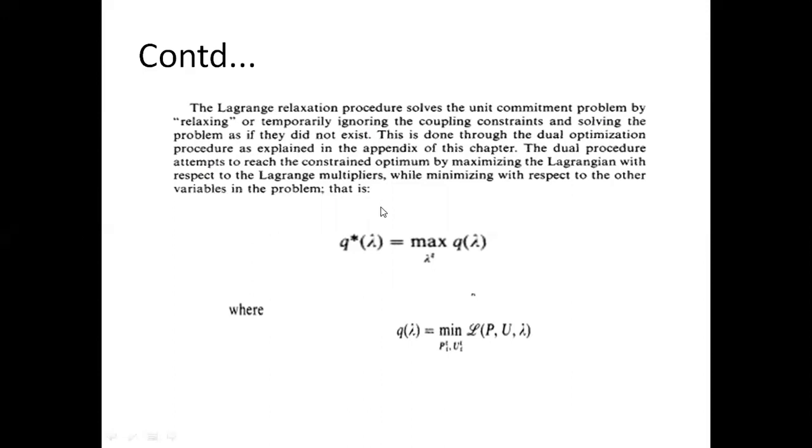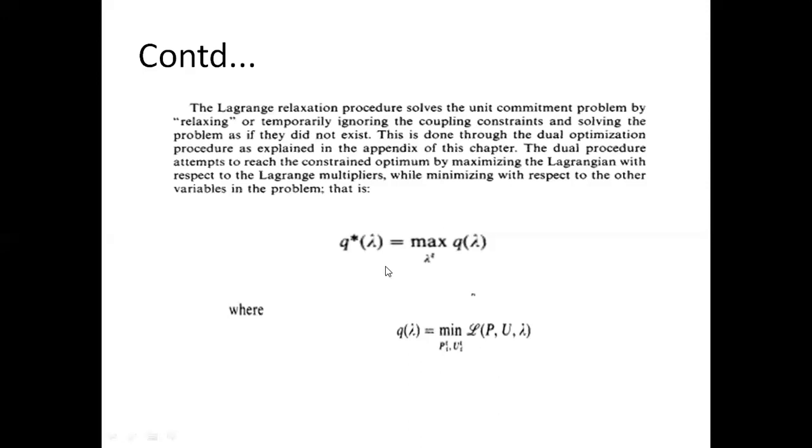So this is done with the help of the dual optimization procedure, and the dual procedure attempts to reach the constrained optimum by maximizing the Lagrangian with respect to the Lagrange multipliers, while minimizing with respect to the other variables in the problem.